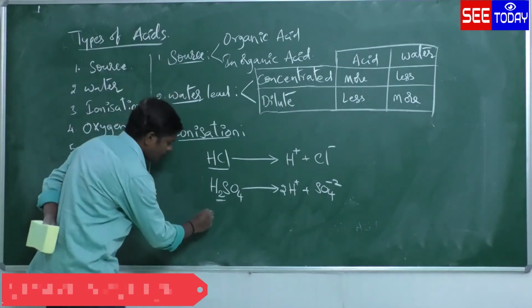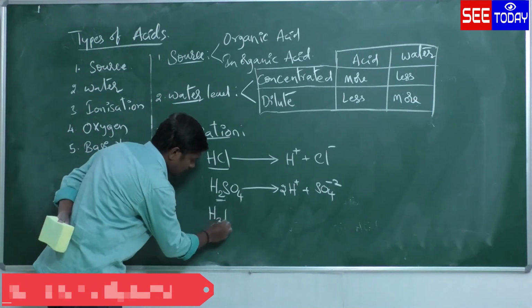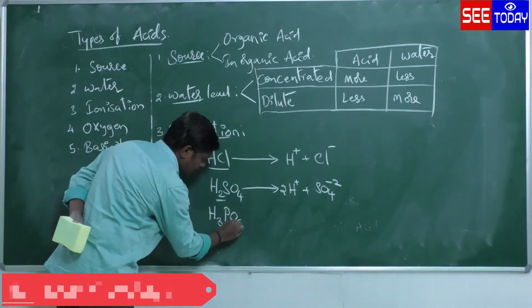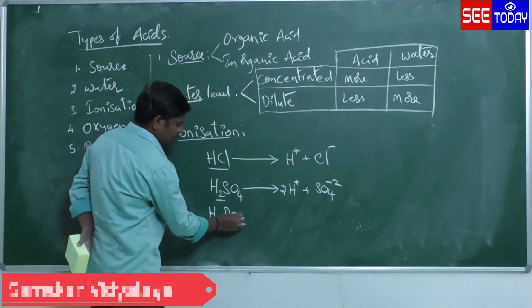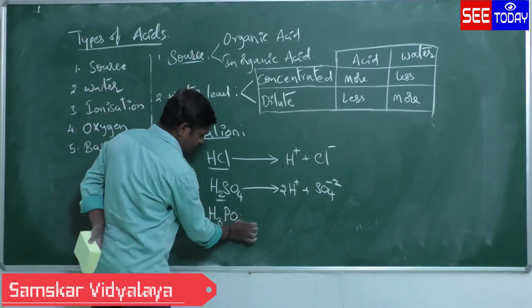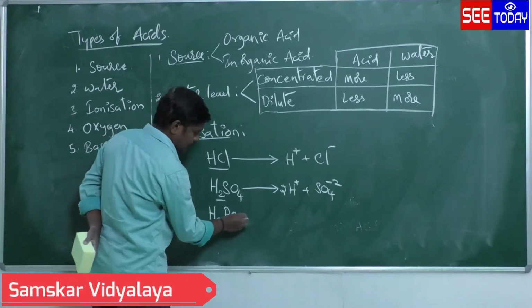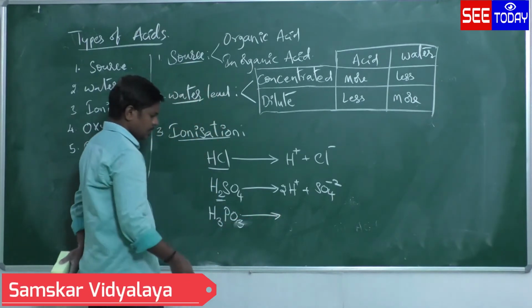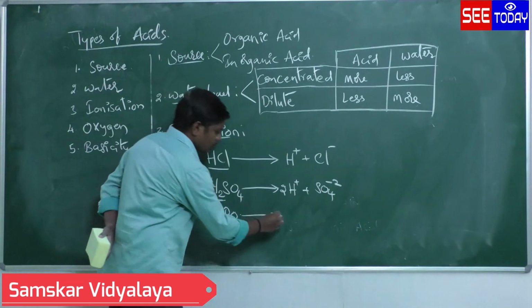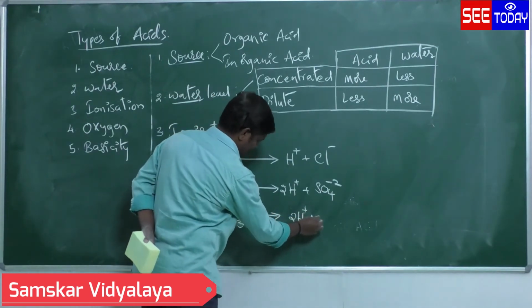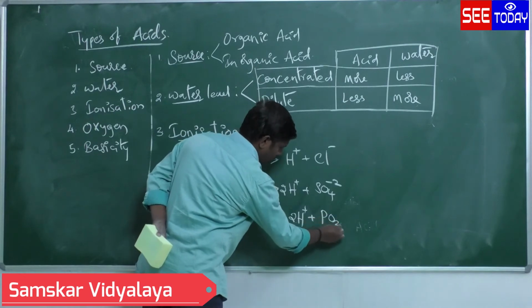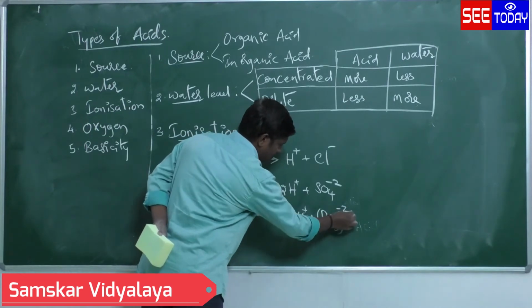Next, take H3PO4, or H3PO3. If you take H3PO3, it releases 2 H plus ions and HPO3 minus 2.